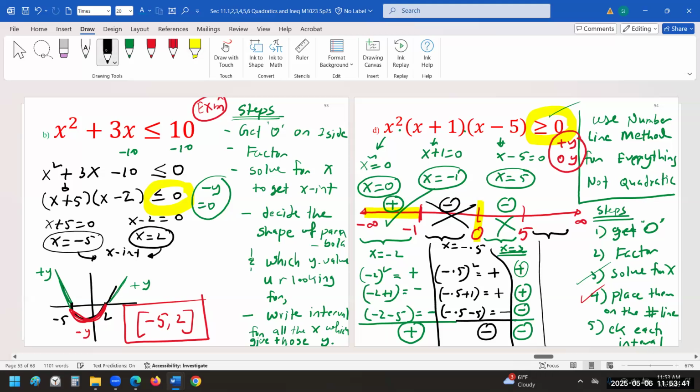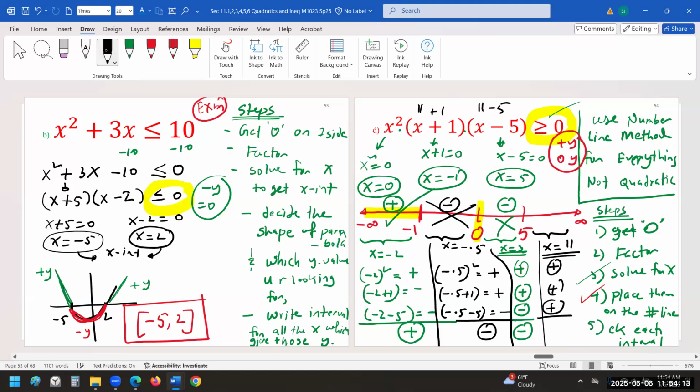And now we have the last interval, 5 to infinity. What do you pick? Anything from 5 to infinity. 11, okay. 11 squared, positive or negative? Positive. Then we have 11 plus 1, positive. Then we have 11 minus 5.